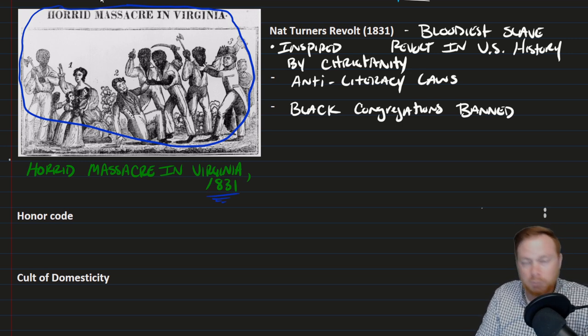Laws banning the number of African Americans that can be in one area at once, right? A lot of those types of laws were passed. So Nat Turner's revolt shows us the way that, very directly, the message of Christianity could be anti-slavery.